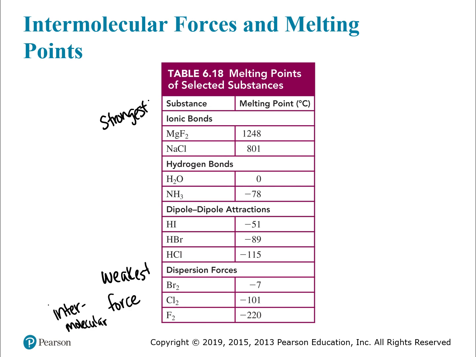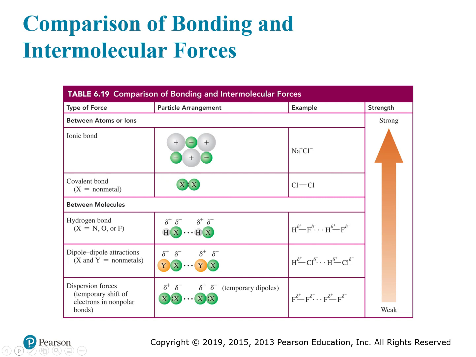Weak intermolecular forces, low melting point. This chart gives you a nice summary of the types of forces between atoms or ions in this top part, and then between molecules, because we need to relate all of this information.